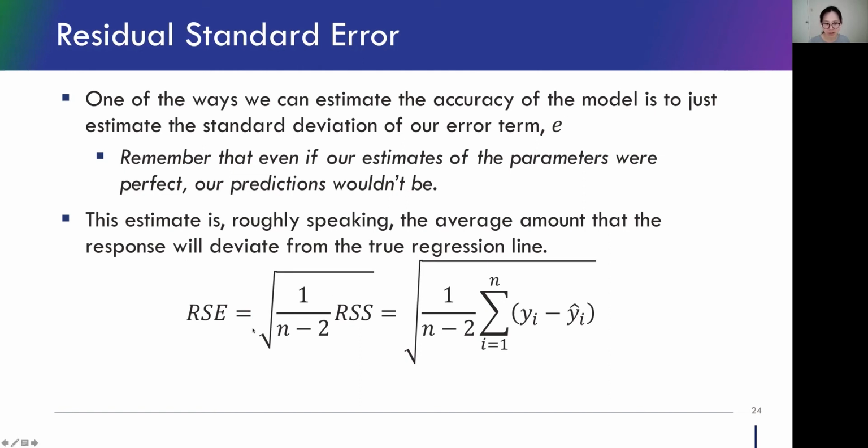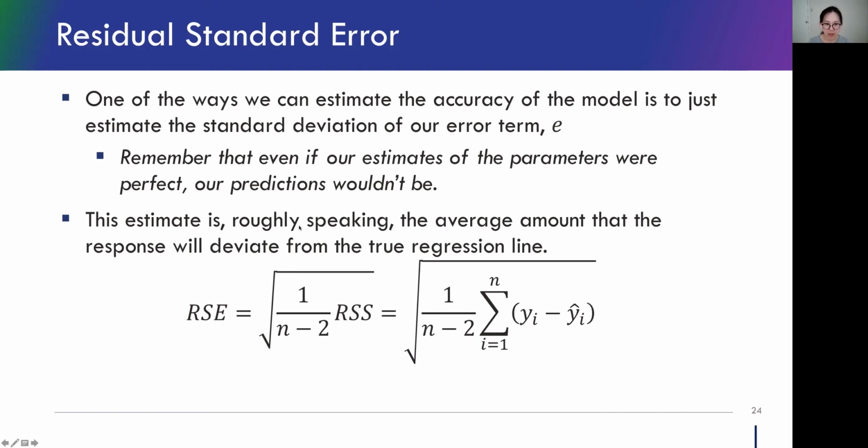Remember that even if our estimates of the parameters were perfect, our prediction would not be. We would always have this error term. This uncertainty comes with the prediction. That's why we use the standard deviation of the error to quantify how close or how certain, how confident we are with our predictions and our models.